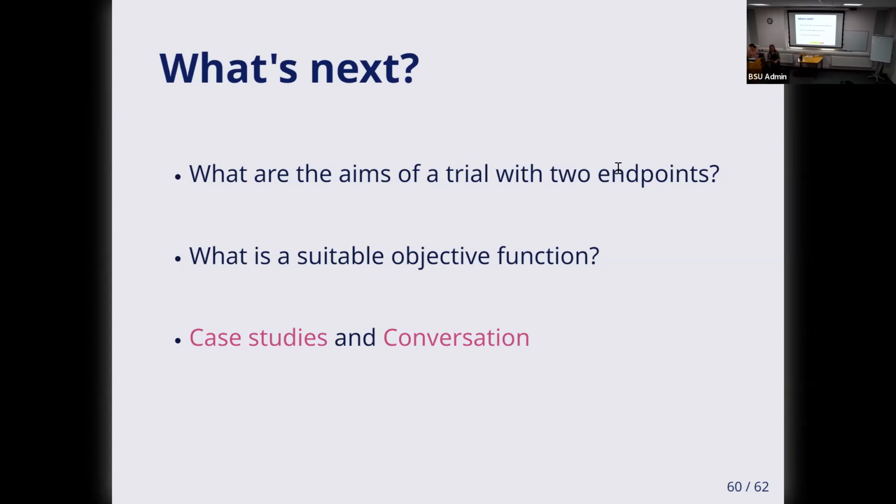It's not very easy. You can't do that. The aims are not written in the protocol because usually the aim is something like explore the safety and tolerability of blah, blah, blah. And that's not precise enough for this because any of the objectives that I showed you different colored dots for could be an interpretation of that. So if you interpret it in a different way, you're going to get a different answer.